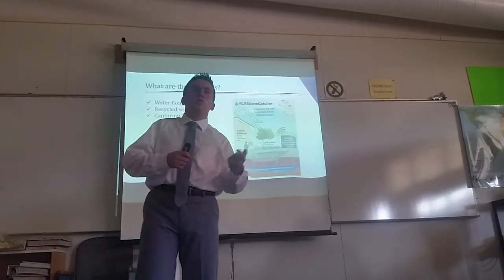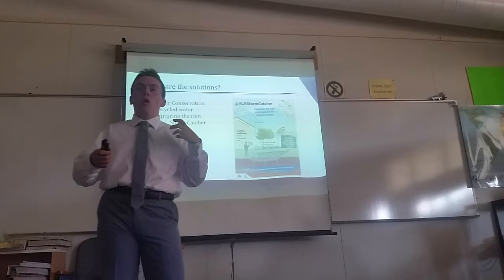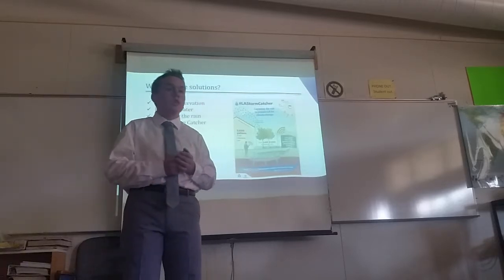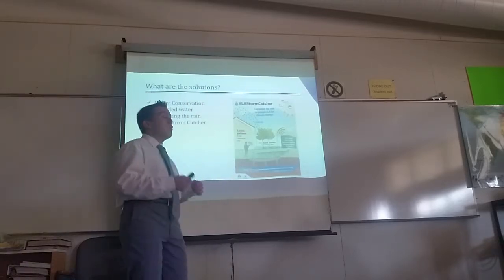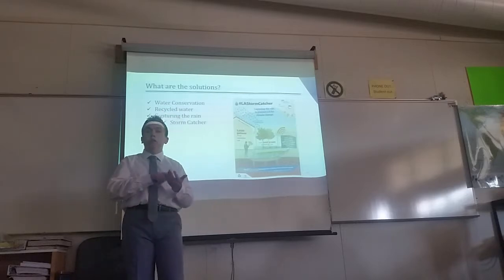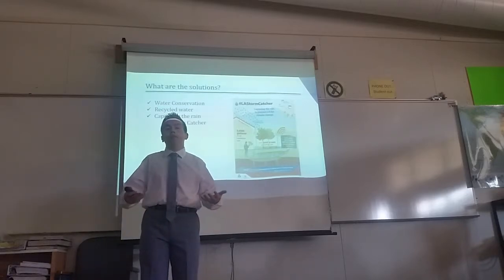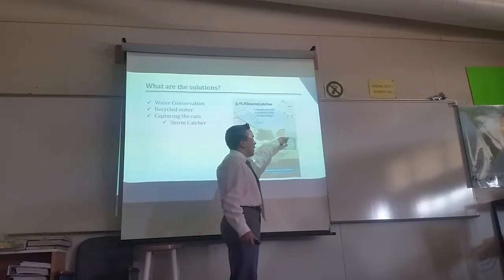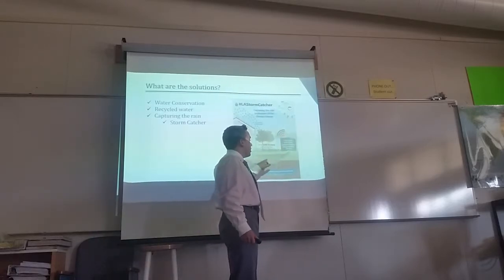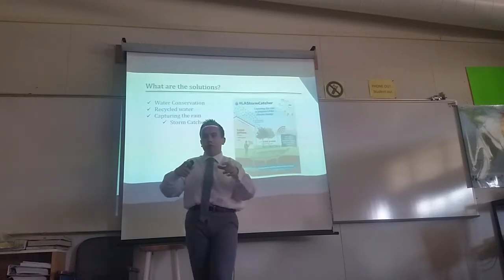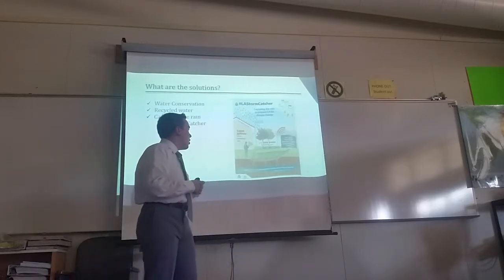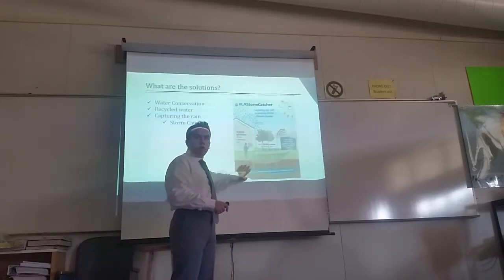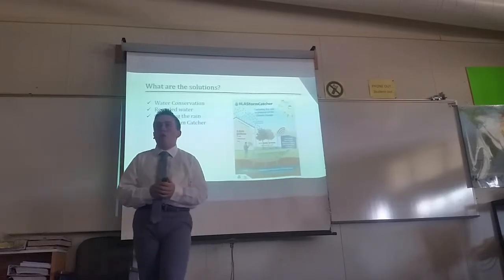Then you can use it for watering your lawn, or if you want, you can use it for washing your car, stuff like that. And this one is really helpful because it's connected. If there is a storm, it knows that it's full. It will put the water down into the little stream if you have one near your garden, or into the aquifer under, and then it can help for groundwater.